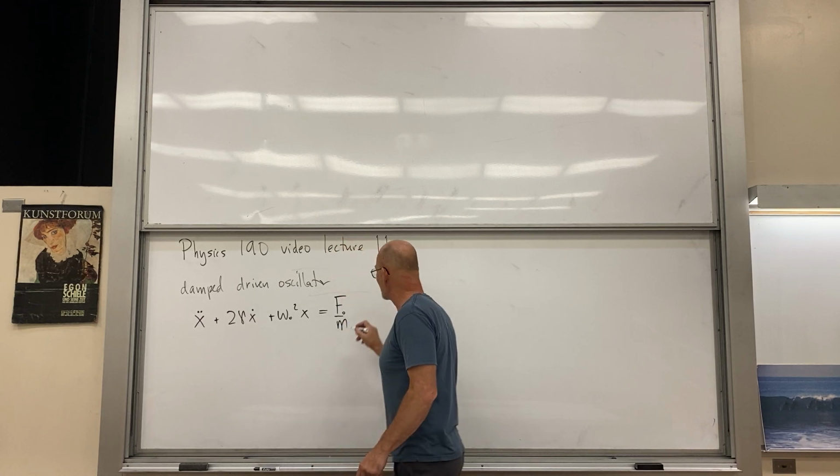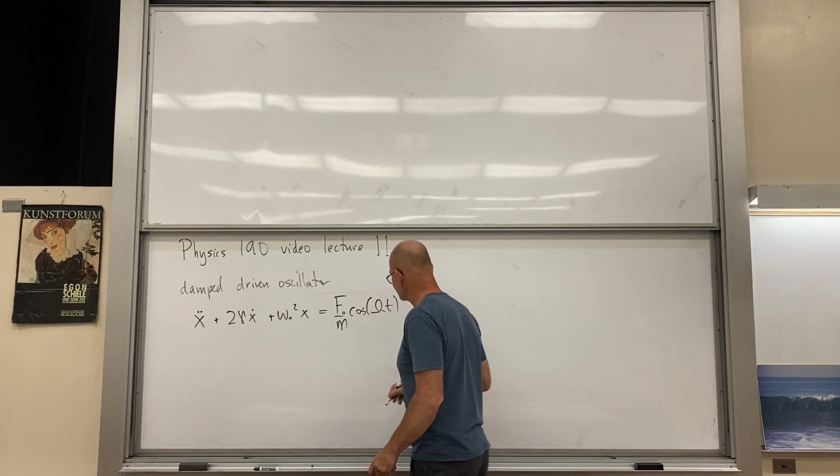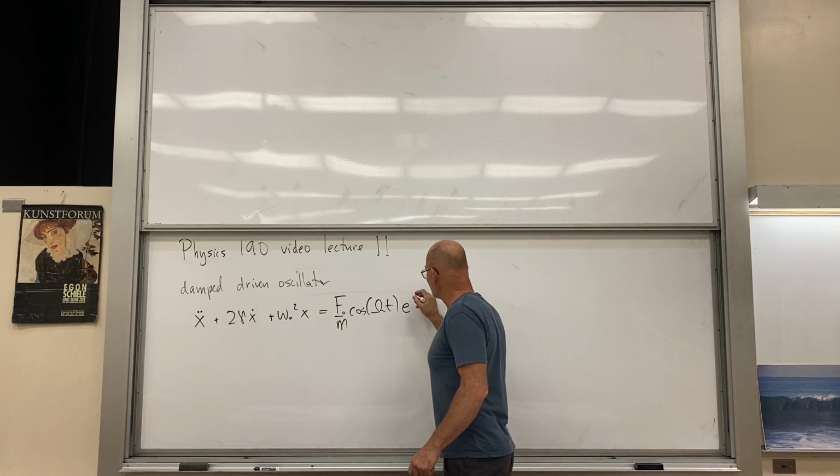We had a cosine. I'm going to write cosine of the driving frequency times t, and we needed a damping factor, a converging factor, e to the minus alpha t.